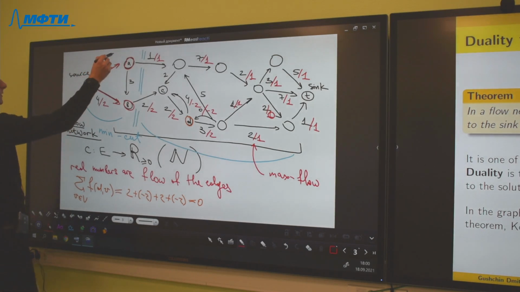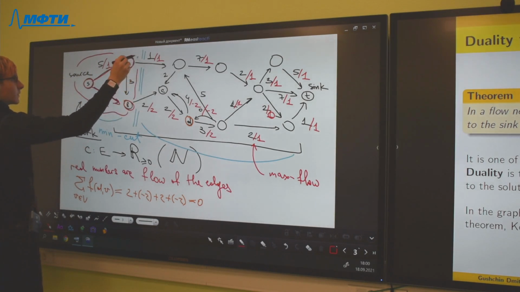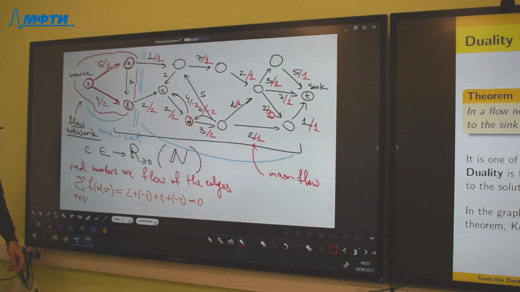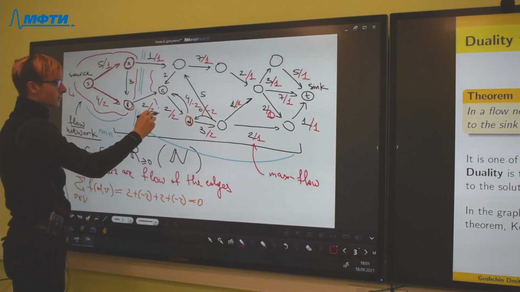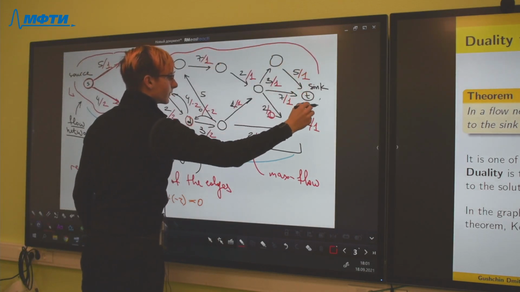So we say that the left part of this cut is equal to this subset of the vertices, and the right part is equal to this subset of the vertices.